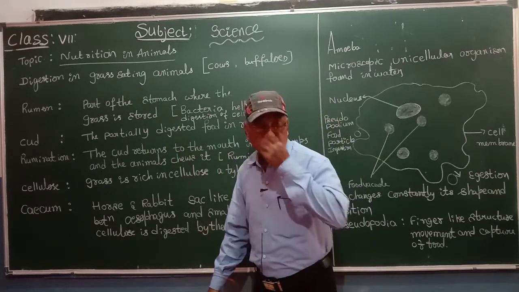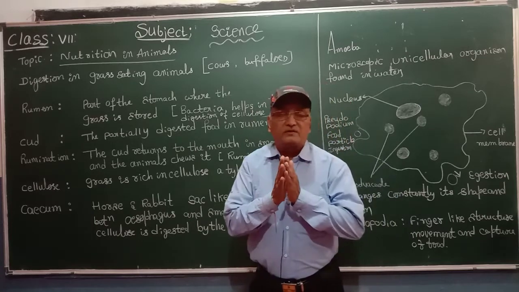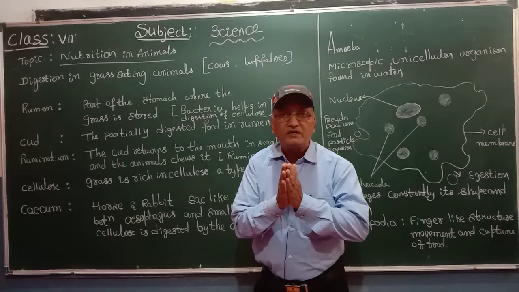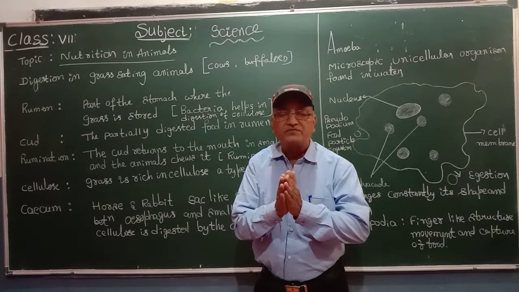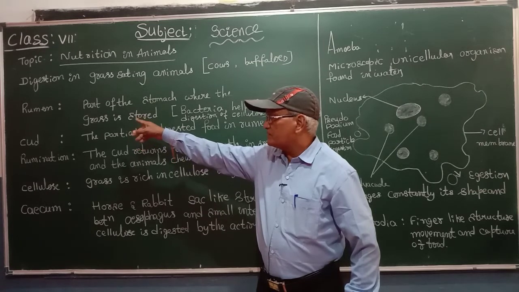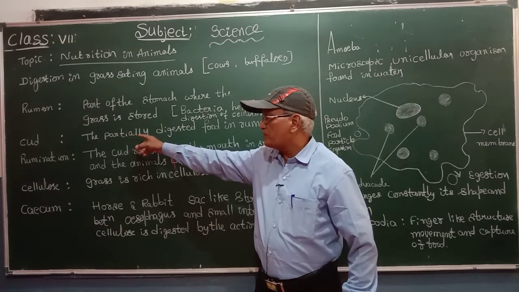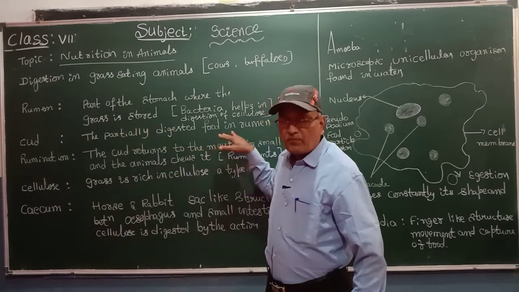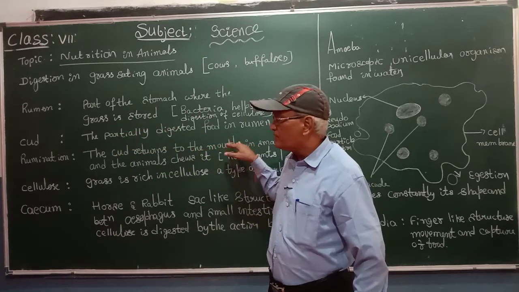Are you following, children? Here, the grass eating animal continuously eats food that remains in the part of the stomach we call rumen. In the rumen, the partially digested food is particularly called cud. Cud means partially digested food.